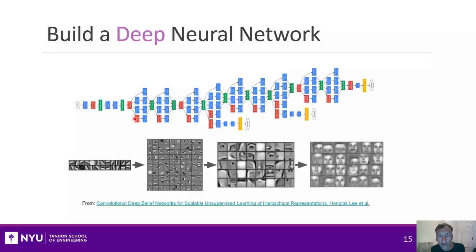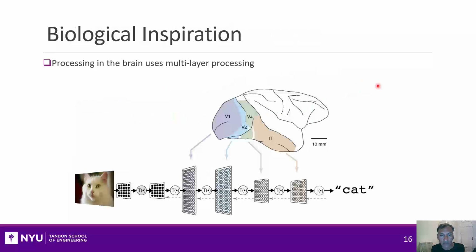As you progress, you get more and more complicated features to the end. This concept is called feature hierarchies, because simple features build to more complicated features and can eventually get a higher semantic level understanding of what's in an image. And this is in essence the power of deep neural networks.